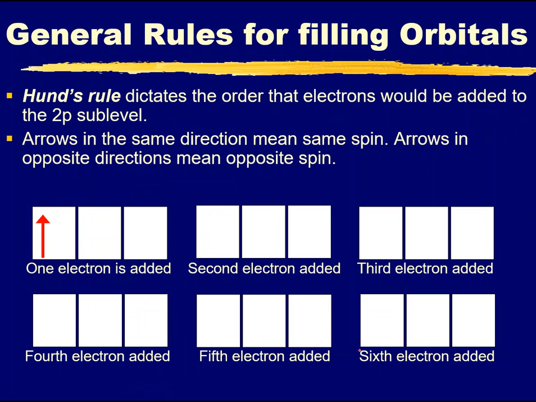Now, looking at general rules for filling these orbitals, take the example of this 2p sublevel. This 2p sublevel has 3 orbitals, the px, the py, and the pz, all those dumbbell shapes going in different directions. If I add 1 electron, I would put 1 in the first box, spinning in the clockwise direction.